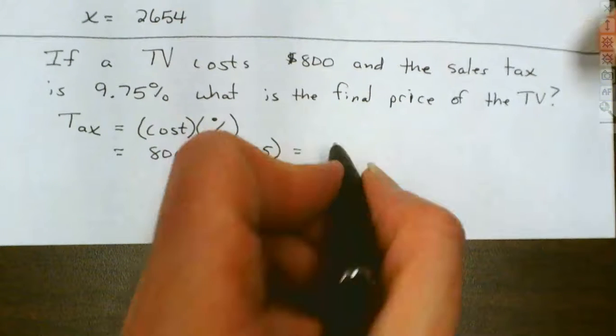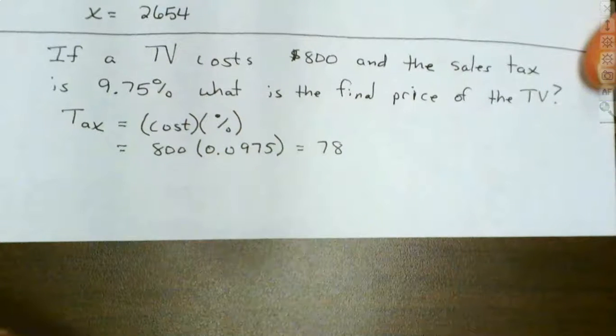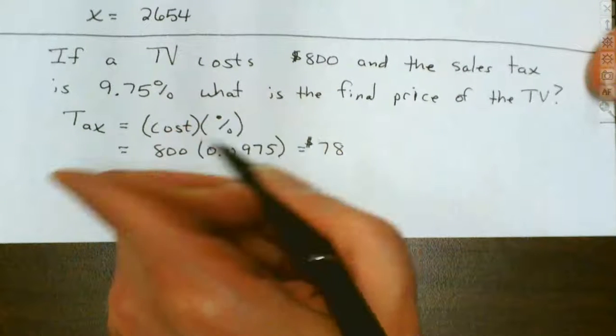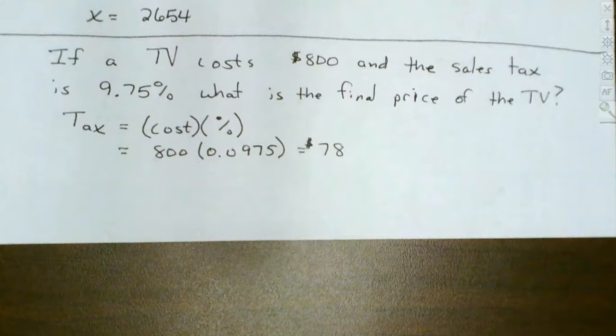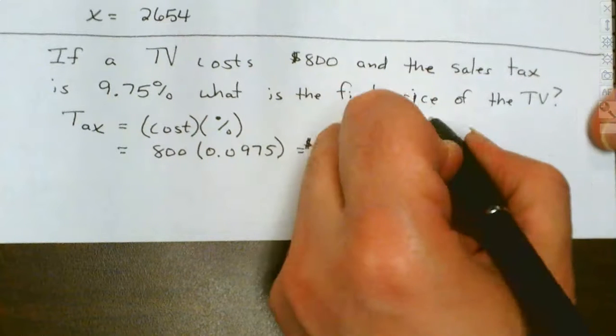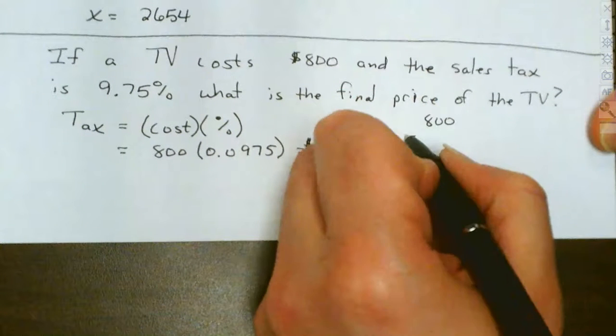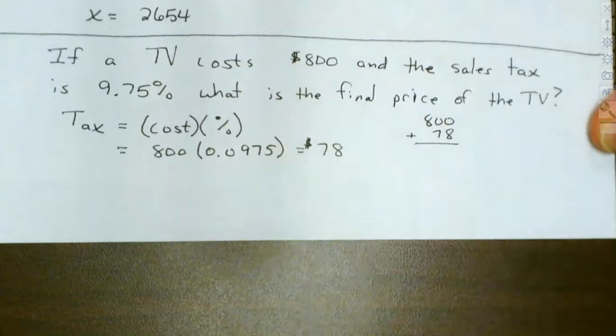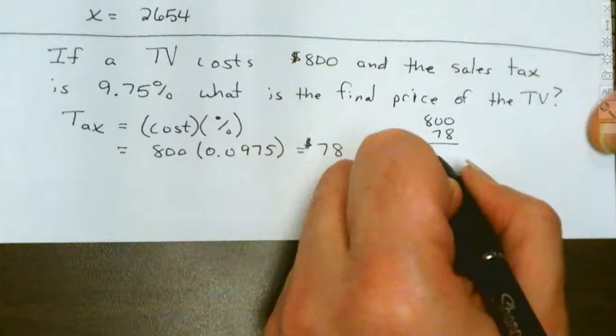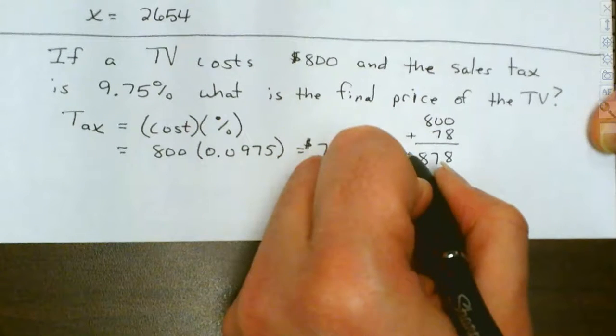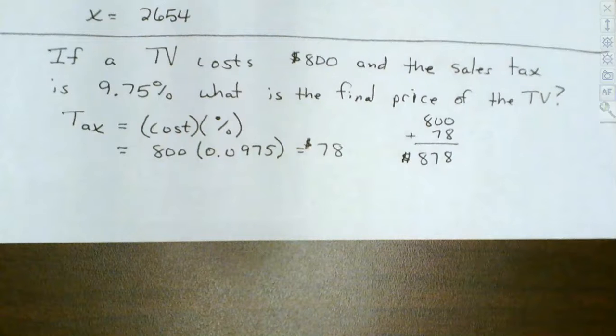And that comes out to be $78. So when we go to buy this TV, we're not really going to pay $800. We're going to pay more because our total amount then would be the $800 plus the $78. So we would actually pay $878. Okay? Is everyone okay with how we do that?